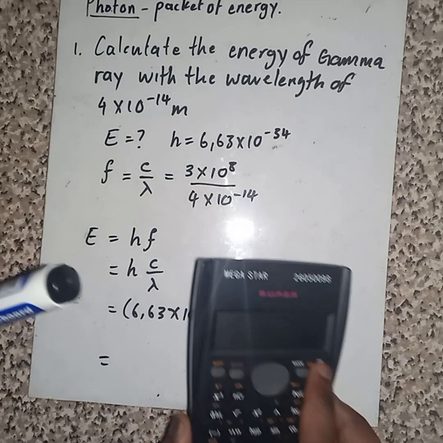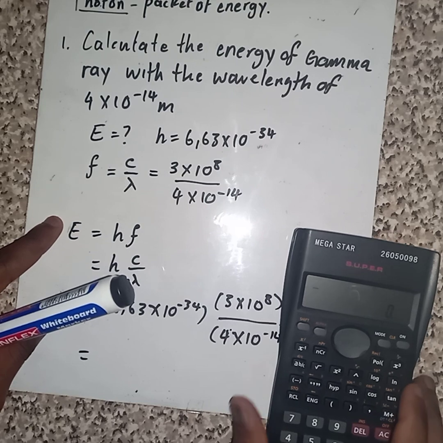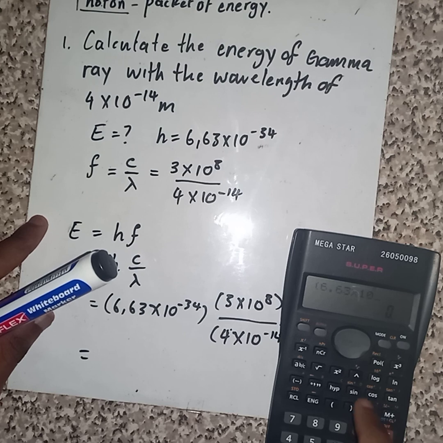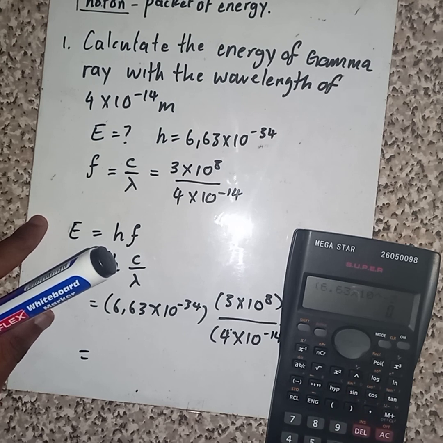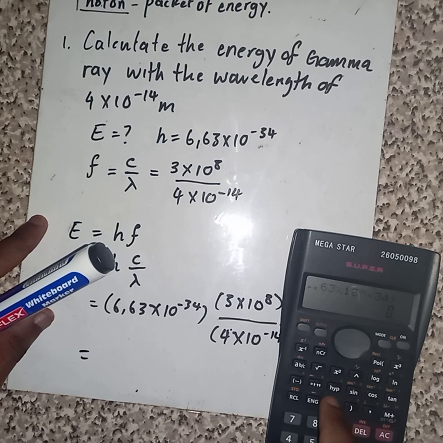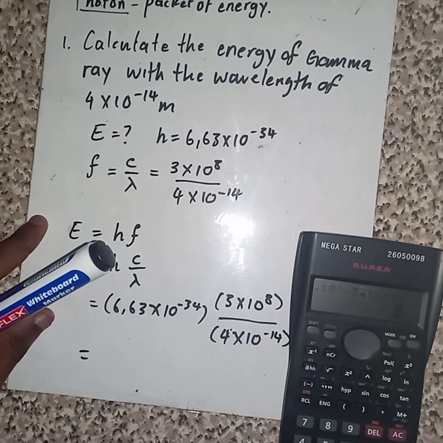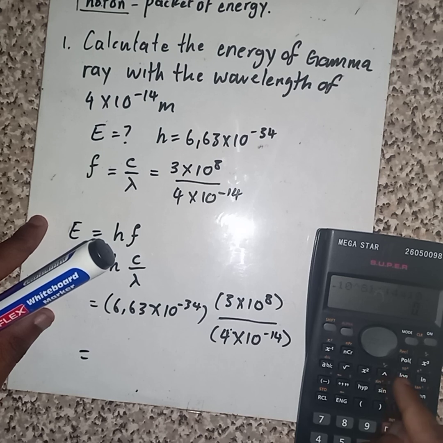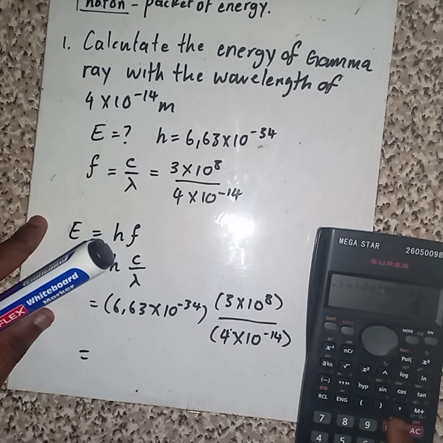I have 6.63 times 10 to the minus 34, times 3 times 10 to the 8, divided by 4 times 10 to the power minus 14.